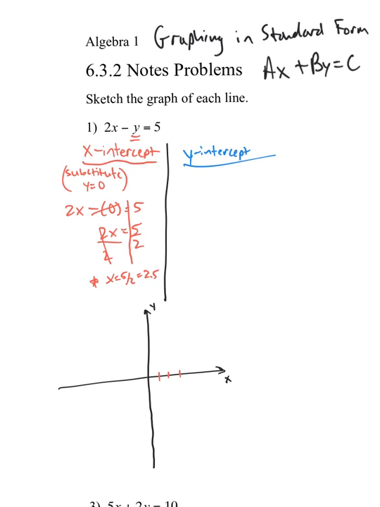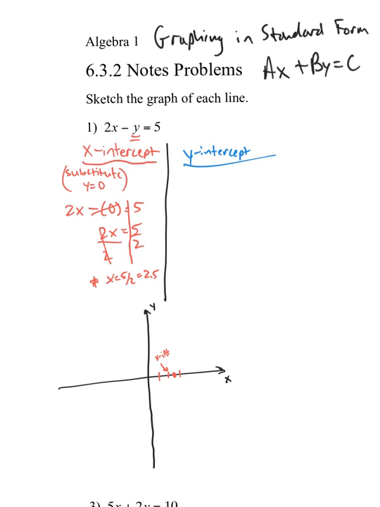So where does that happen, guys? 2.5 is between 2 and 3, so that's going to be right there on our x-axis. So that point, I'll just draw a little arrow, that point is our x-intercept. All right?